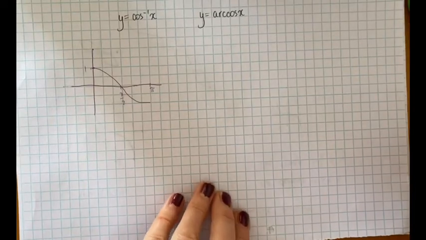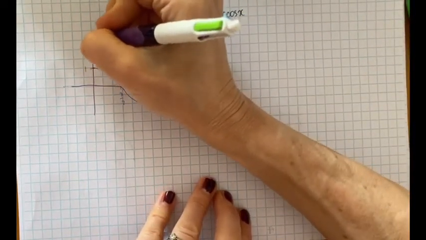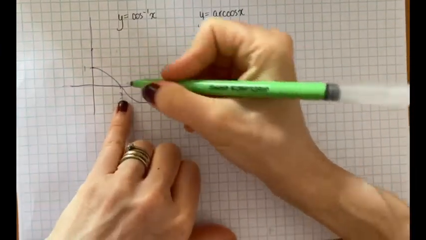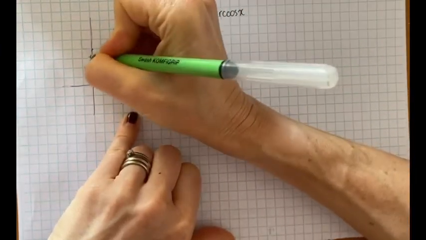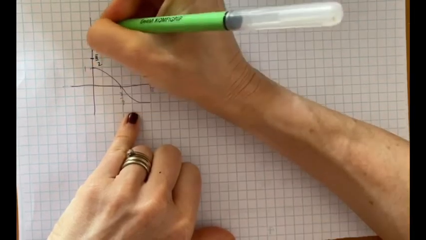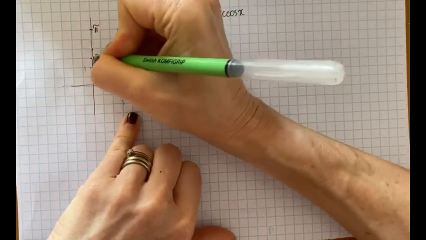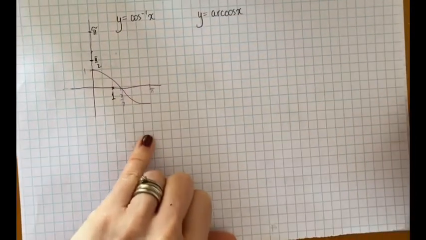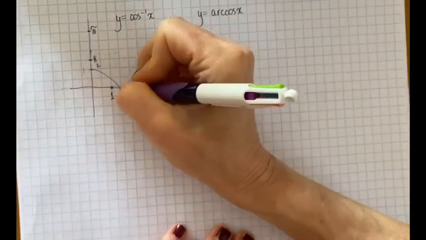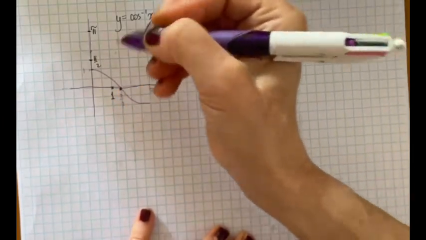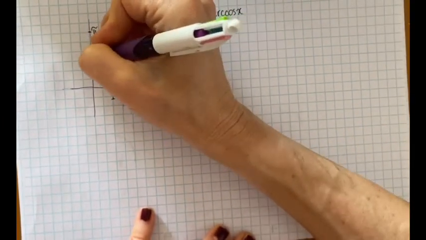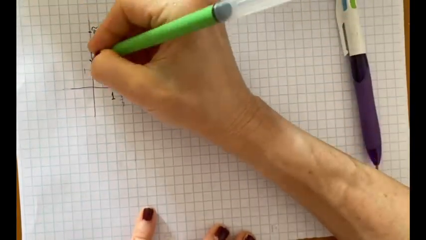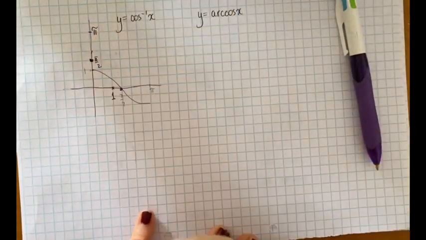So what happens here? Now we are going to swap whatever was on the x-axis with the y-axis. Let's imagine pi over 2 will be here, and this will be pi, and whatever was on the y-axis will go on the x-axis, 1 over here. This point here was where my purple graph crossed the x-axis. Now this point here on the y-axis is where its inverse will pass through.